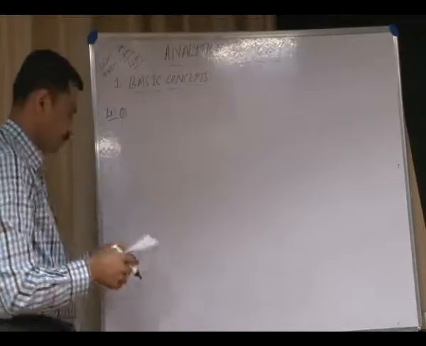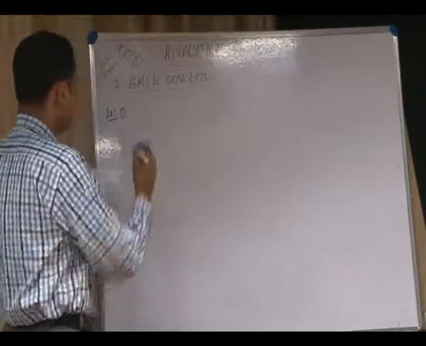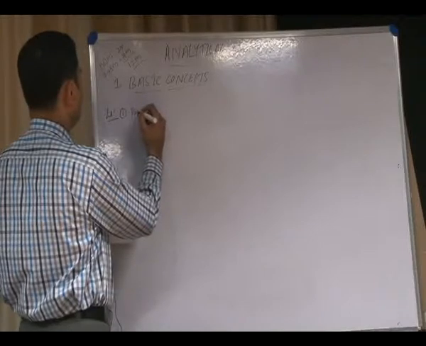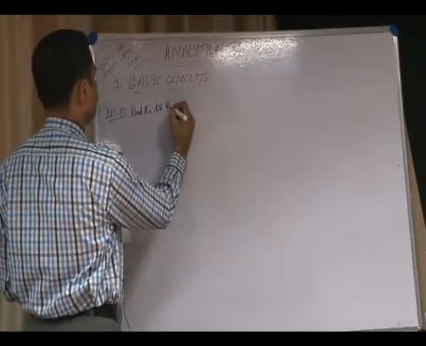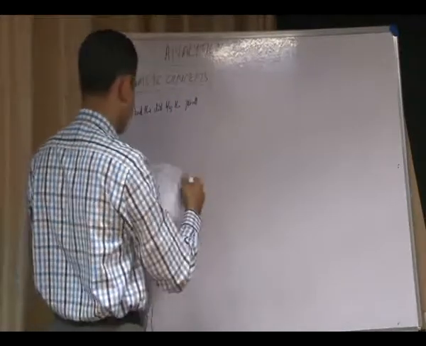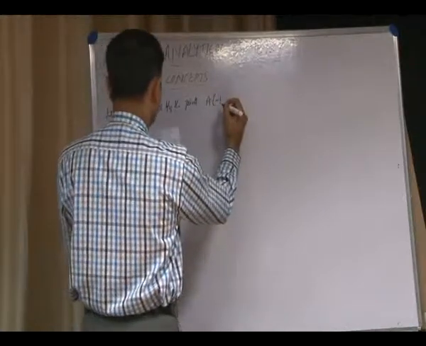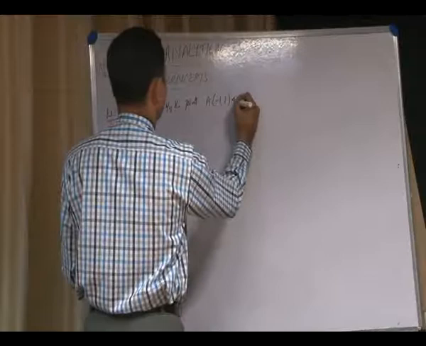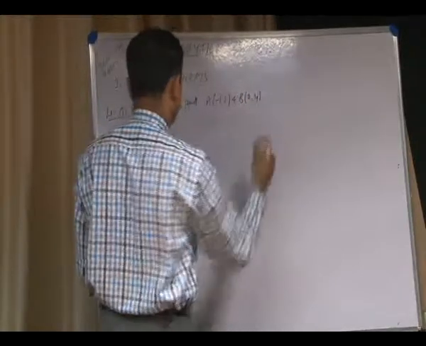First one, find the distance between the points A minus 1 comma 1 and B 2 comma 4.